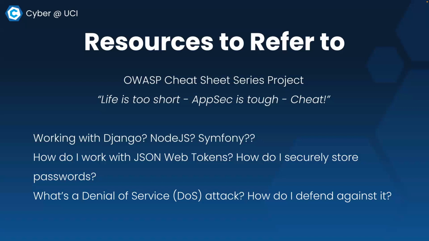And you want to learn how to create something to defend against it. Luckily, they have a cheat sheet for that too. So not to say that these are all comprehensive resources that will fix everything after you've read them, but these are easy and quick things to refer to. When you're about to go back to your hackathon project, you can quickly look stuff up, get some ideas on how to do something quickly, and then move on to your next best feature.